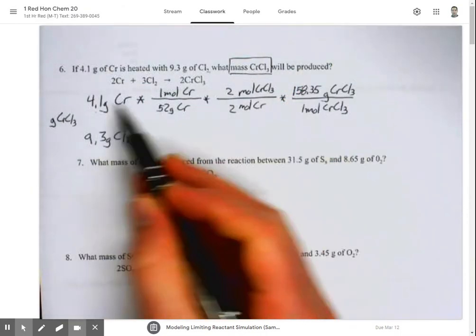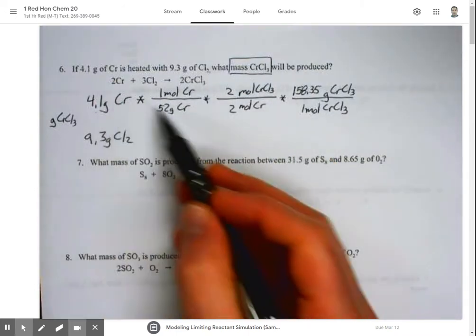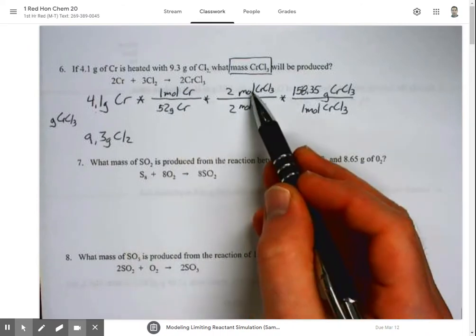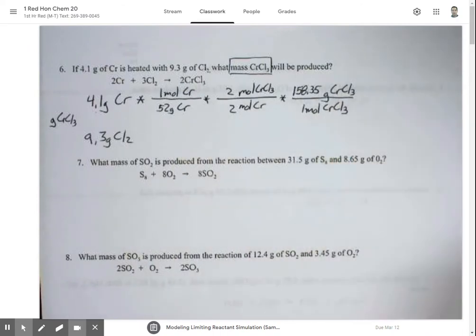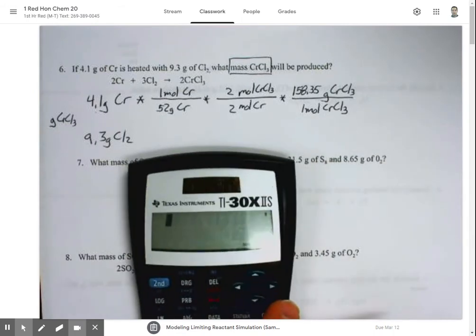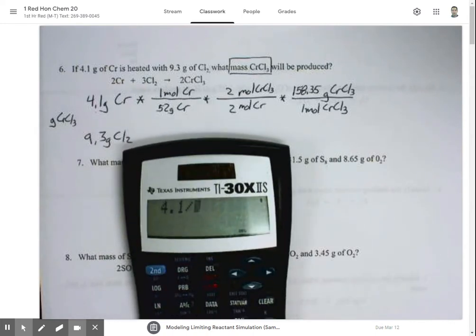Now remember, if it's in the numerator, you multiply it, and if it's in the denominator, you divide it. So we'll do this, divided by 52, times 2, divided by 2, multiply by 158.35, and that will tell us the amount of chromium chloride that will be produced if we're able to use up all of the chromium.